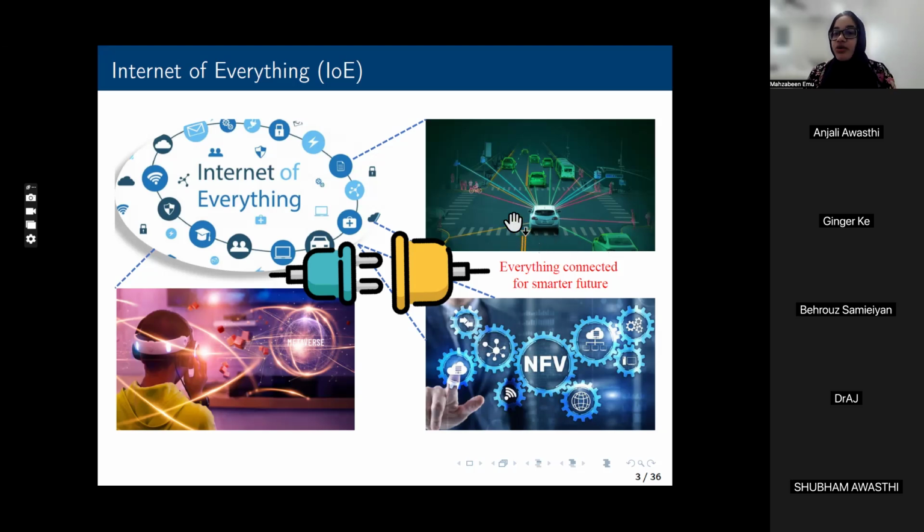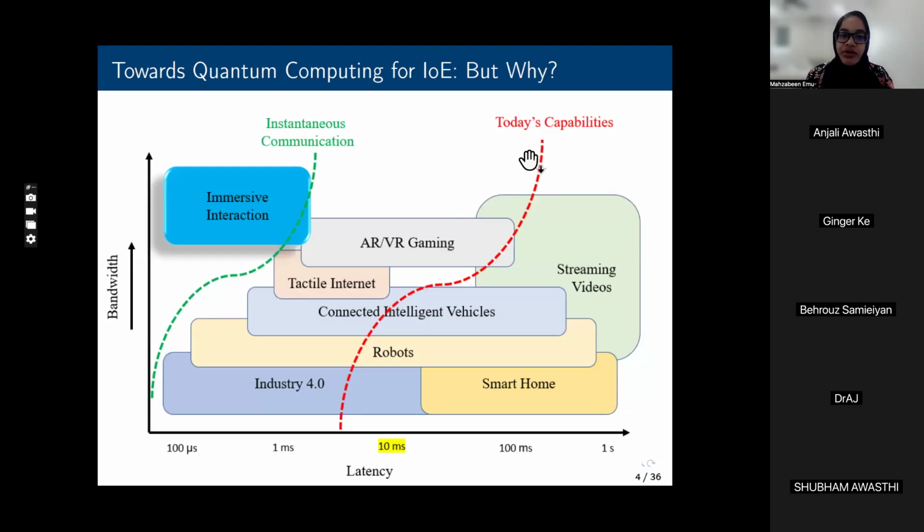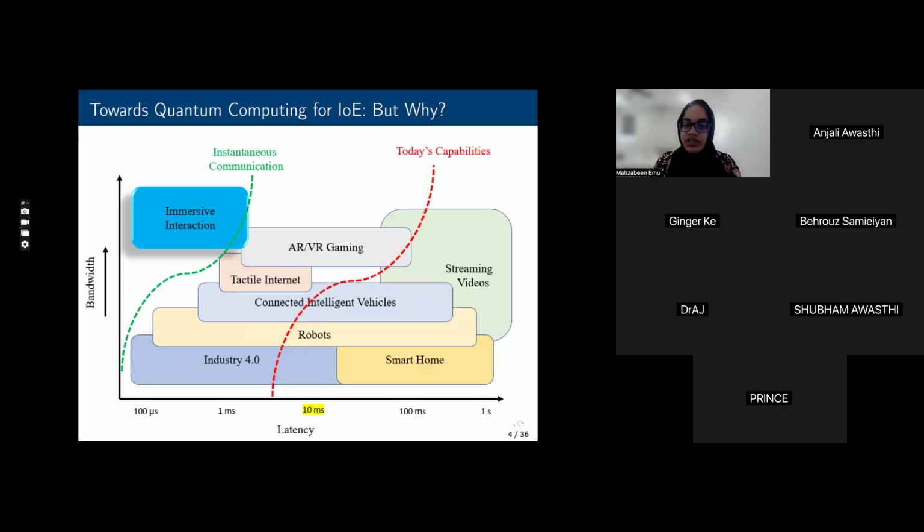Before going any further, I would like to discuss why we need quantum computing for such application areas. Today's network can handle about 10 milliseconds of latency.